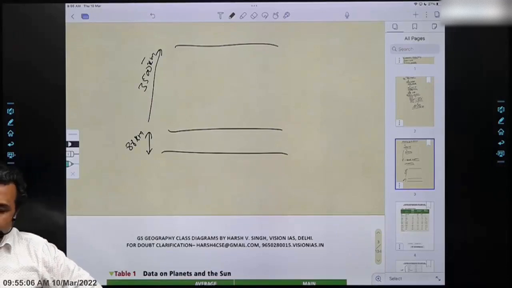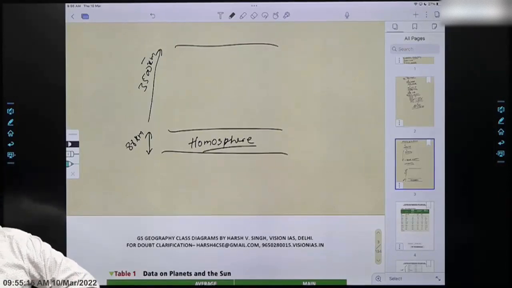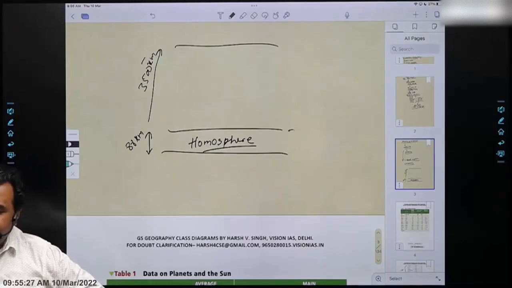The one which is lower is called as homosphere. Homosphere of the earth. ठीक है, ये नीचे वाले को हम क्या बोलते हैं? Homosphere. Why? Because this has a homogeneous mix of gases. The mix of gases in this region is homogeneous, which means anywhere in this region, nitrogen will always be 78%, oxygen will always be 21%, and so on.